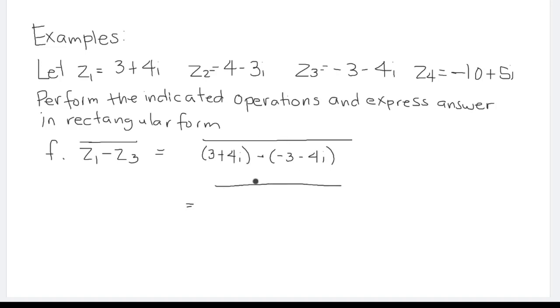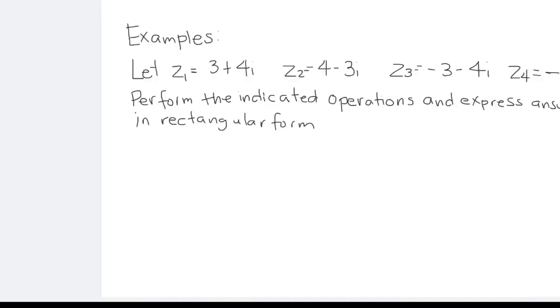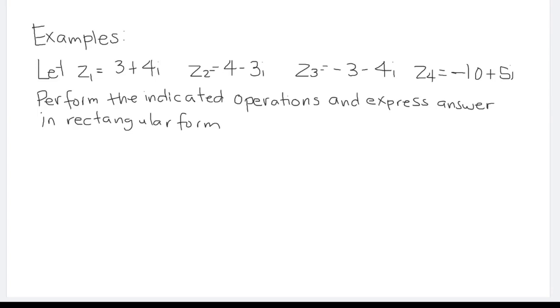So 3 minus negative 3 is 6. 4i minus negative 4i is positive 8i. Since we are dealing with the conjugate of the complex number, the positive sign will result to the opposite of it, which is negative 8i. So for letter M, the result is 6 minus 8i. So that's it.